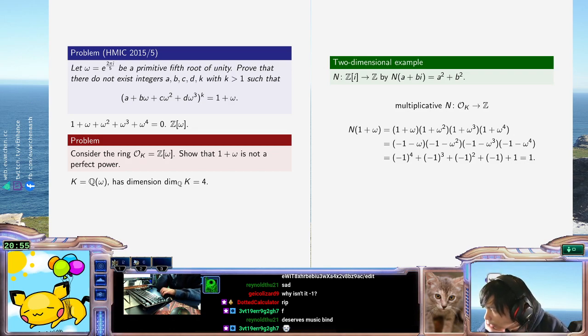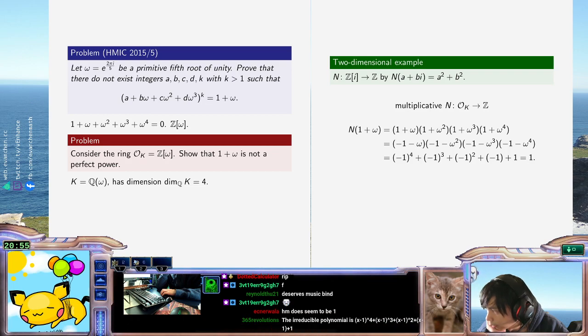Alright, now what? So this is telling me that 1 plus omega is a unit. And actually it's equal to these things.